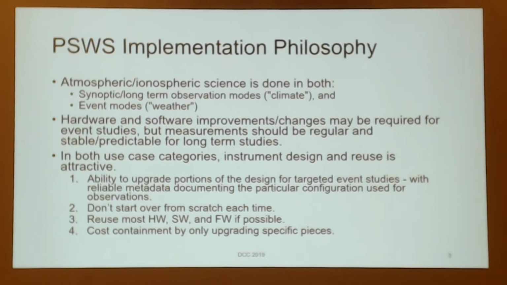We want the ability to upgrade portions of the design for targeted event studies, but we need to annotate the data with metadata that says what instrumentation was used to collect the data, what kind of clock module was used, and which RF module was used, so that we annotate metadata when we collect the information.